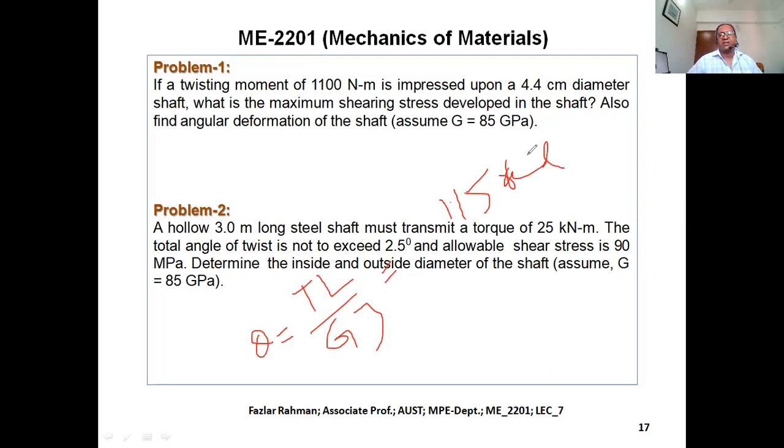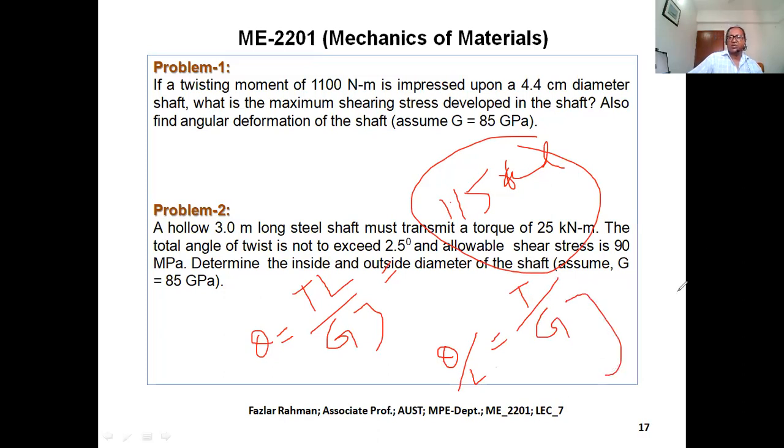But right over here, L is not given. So you figure out this value, theta by L. Theta by L will be T by GJ. And what will the unit be? Say you got a number, 12. Then the unit will be 12 degree per meter, or if you keep it in radian, this much radian per meter.